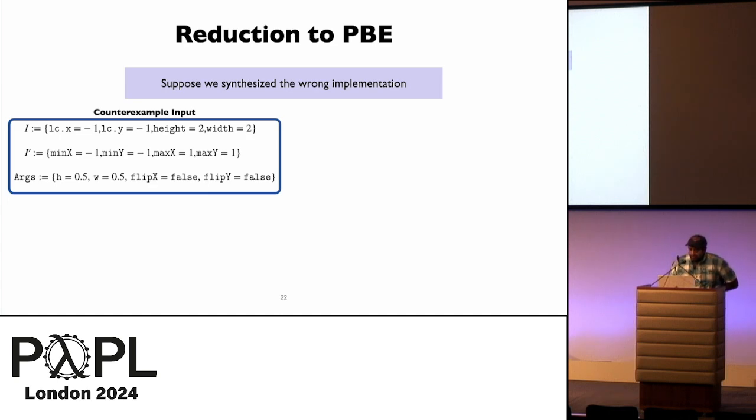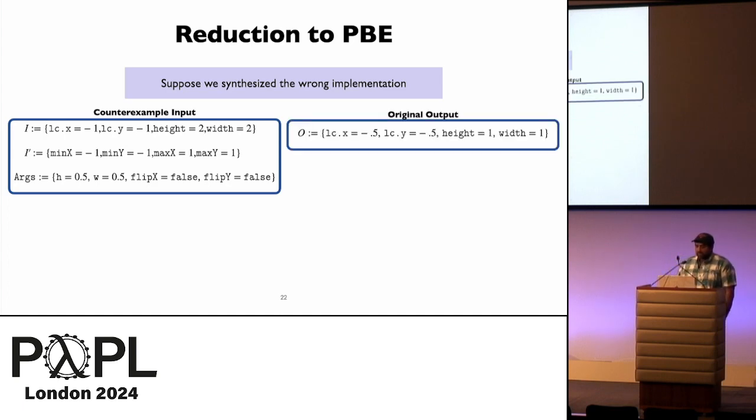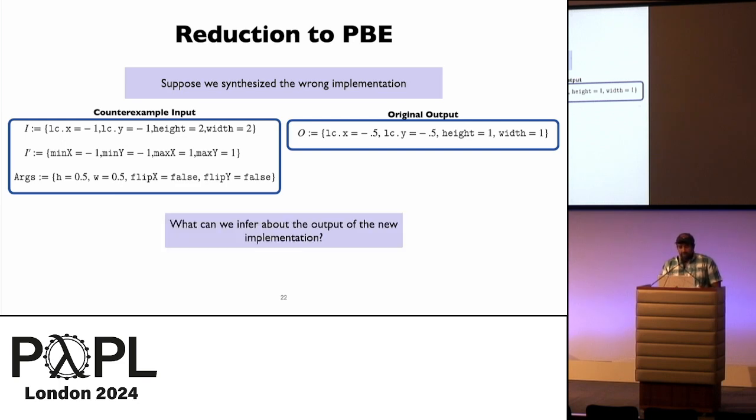We can take this counterexample input and run the original implementation to give us the output instance of the original ADT. Now, what can we infer about the output of the new ADT?